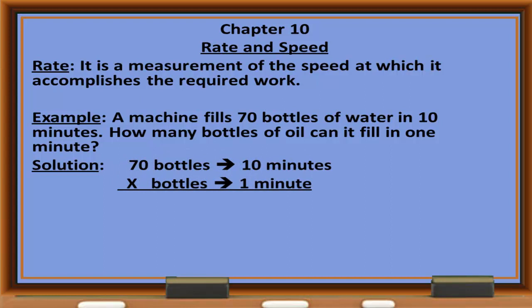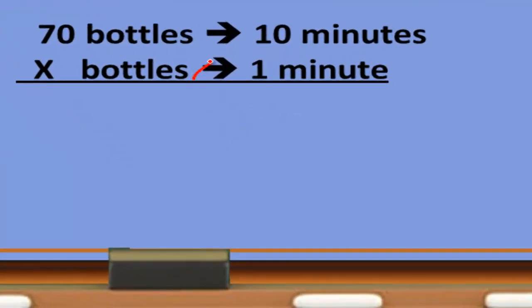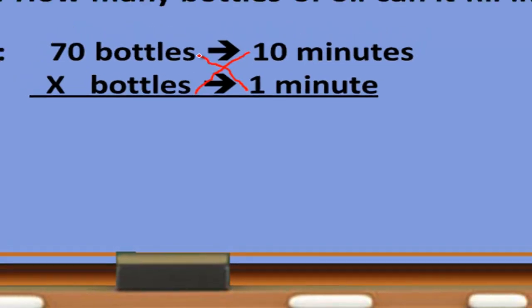For X bottles, the machine takes 1 minute. We need to find how many bottles will be filled in 1 minute. Let us cross multiply. This X will be multiplied with 10 and this 1 will be multiplied with 70.